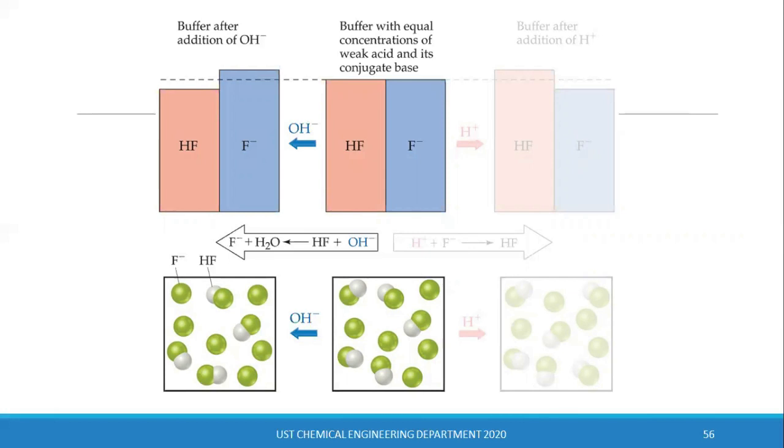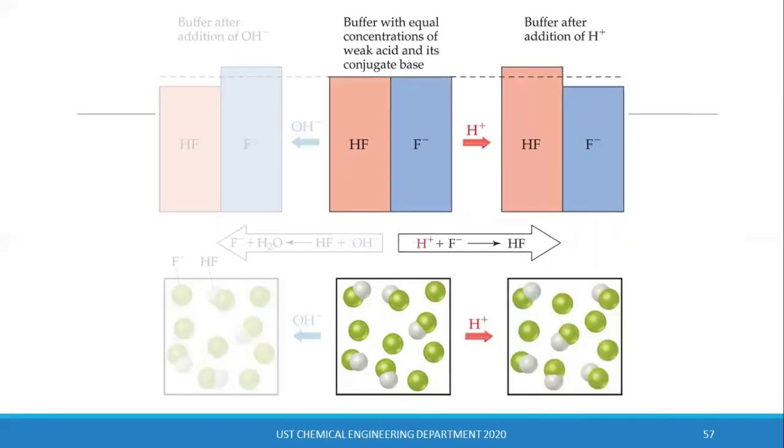This is the reason why there is an observed decrease in HF concentration and an increase in F minus concentration. By contrast, if acid is added, F minus reacts to form HF and water. This is the reason why there is an observed increase in HF and a decrease in F minus concentration.